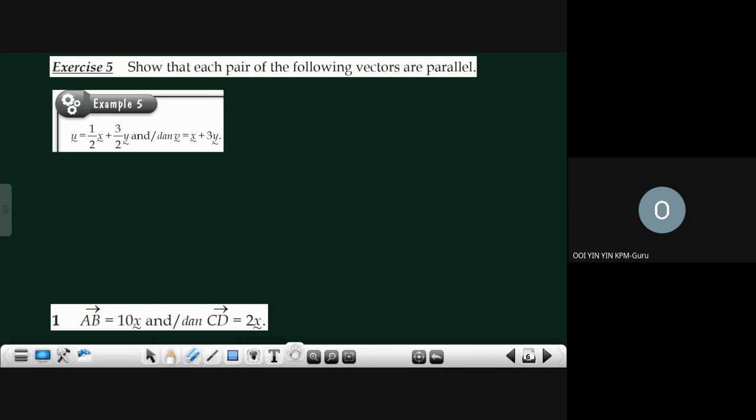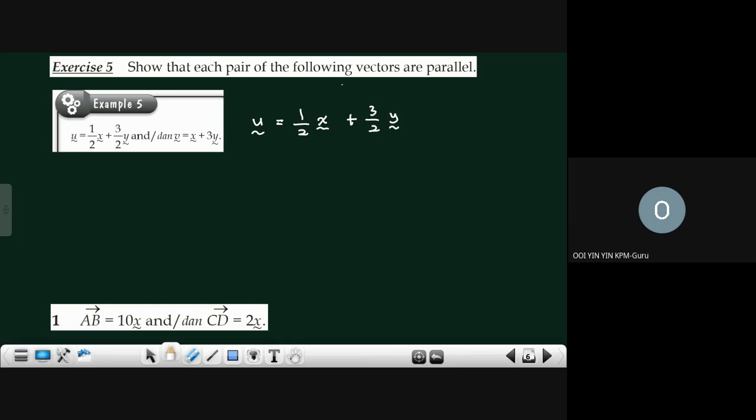U. Now we start with the one that has a fraction. You see your vector U is equal to 1 over 2 x, plus 3 over 2 y.